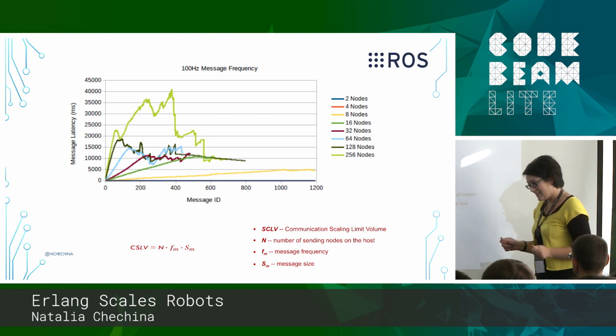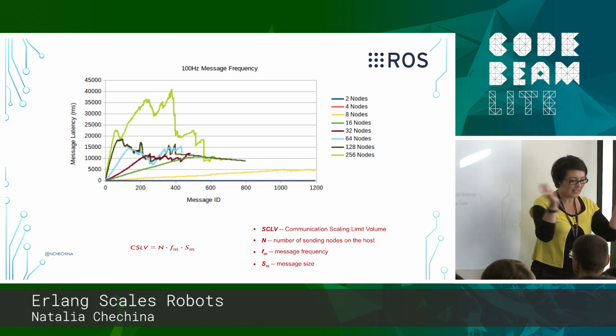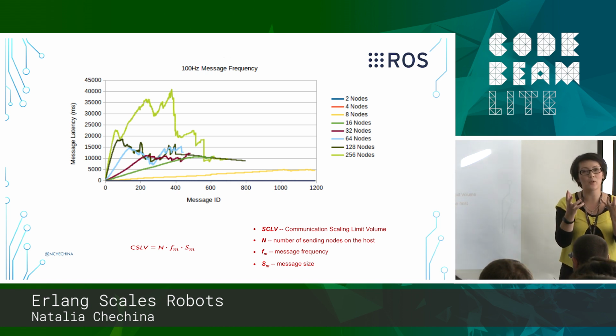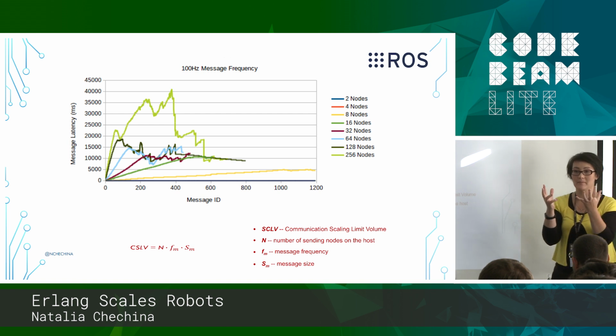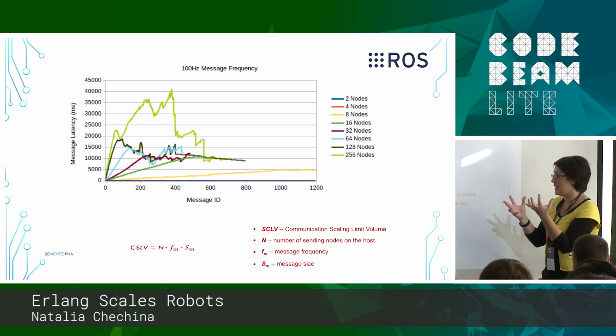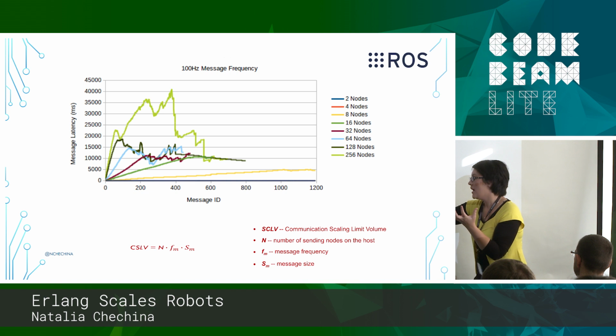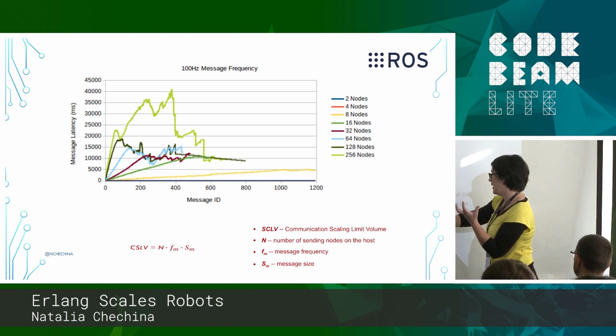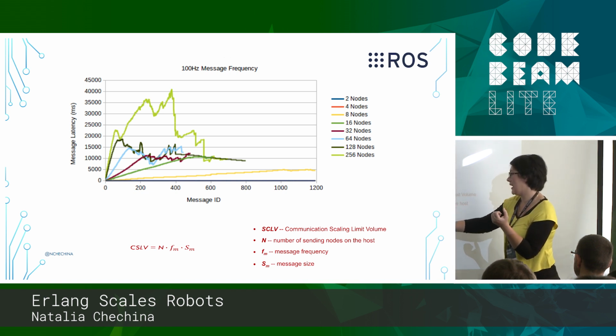This is the most our imagination went for. But the result of it is that there is this volume, and it's stable, right? It depends on the number of nodes, frequency, and message size.